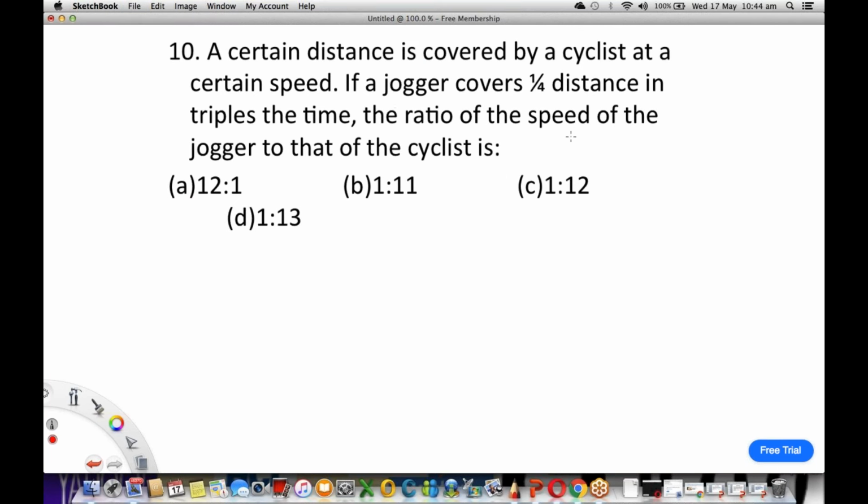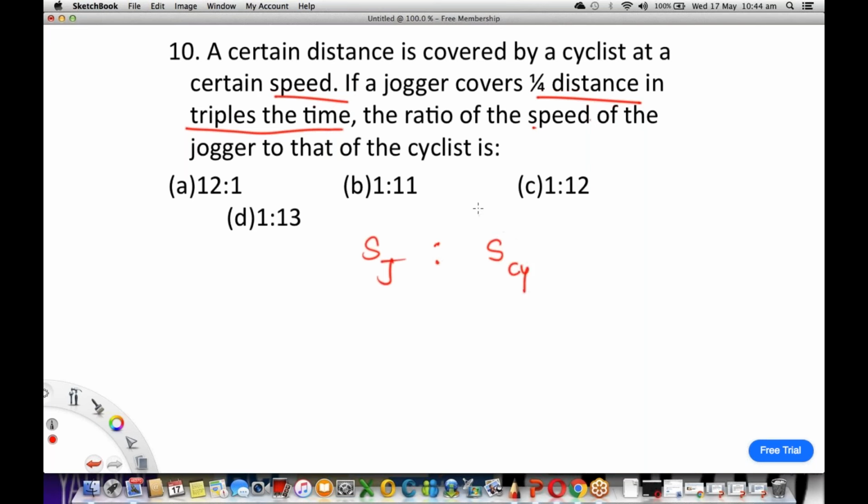A certain distance is covered by a cyclist at a certain speed. A jogger can cover one fourth of the distance in triple the time. He is asking the ratio of the speed of the jogger to the speed of the cyclist. Please remember, it is the speed of jogger to the speed of cyclist.